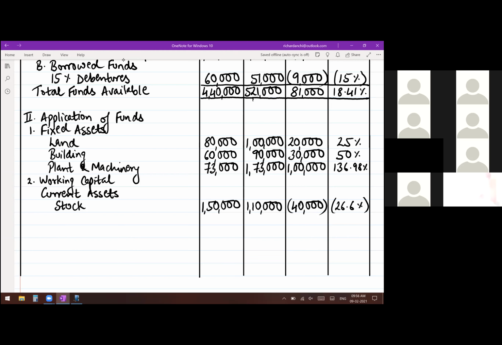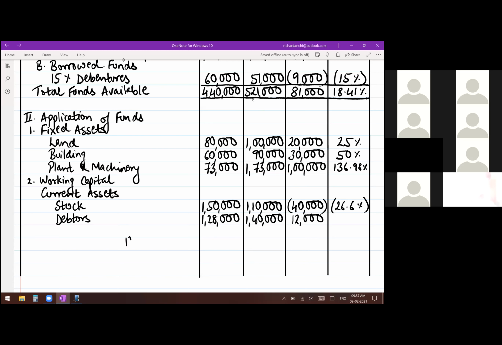Then the next below stock is debtors. For 2018, it is 1,28,000, and 2019, 1,40,000. Firstly, tell me absolute change, current year minus previous year. 12,000.